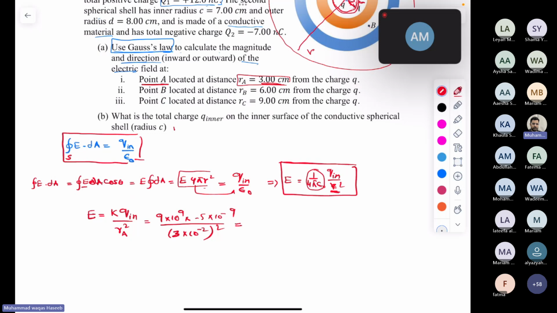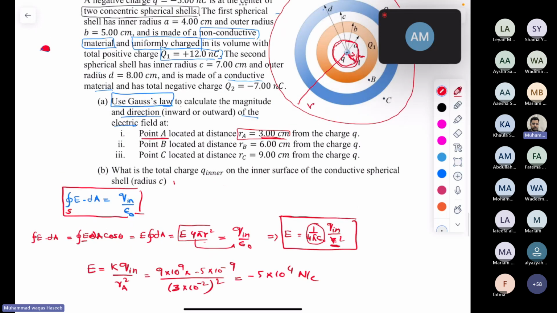When we calculate, the electric field will be 5 into 10 to the power 4 Newton per coulomb. This is the electric field at point A due to charge Q.